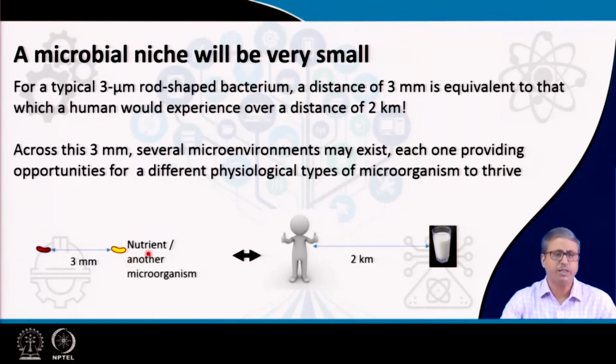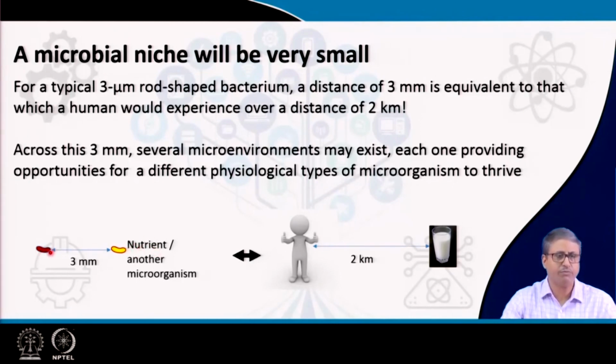So, for example, if there is a bunch of organic carbon, or a kind of huge deposit of organic carbon over here, and this bacterium is thinking that it is 3 millimeter away. So, I need to plan about accessing this nutrient. Either I can move, if I have a flagella, possibly I will move, or I will release some products, or I will see how I can access this nutrient or carbon source.